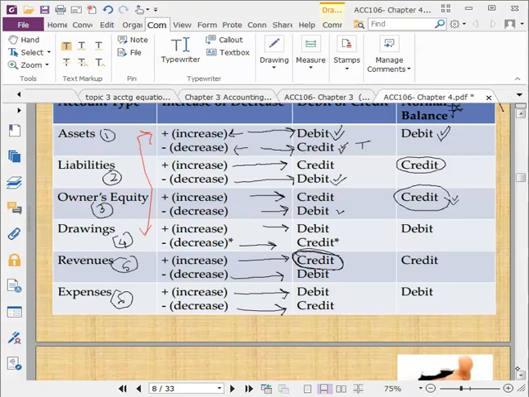Insyira, are you clear about the debit and credit side? Hazri, do you understand? Zuhami, do you understand? Okay, very good. Insyira, did you understand?